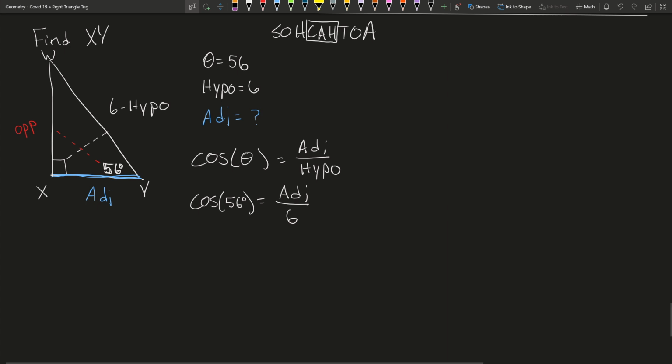From here, we would need to use our calculator. You would type in cosine and then 56, and then you'd get a decimal. I'll bring up Desmos here.